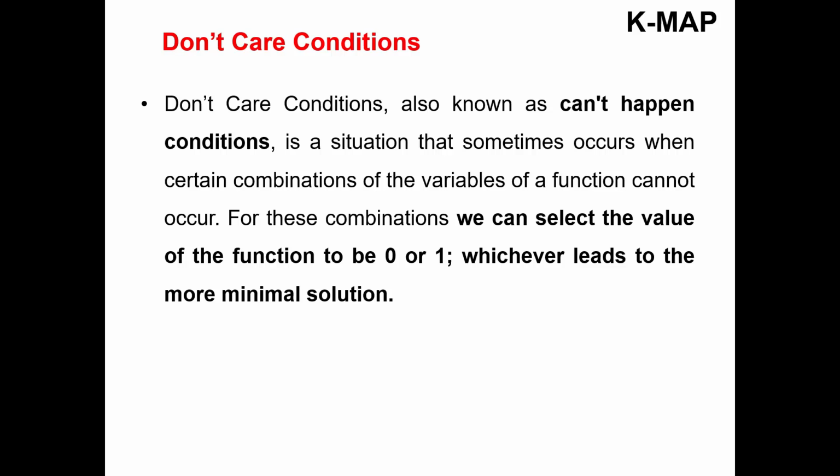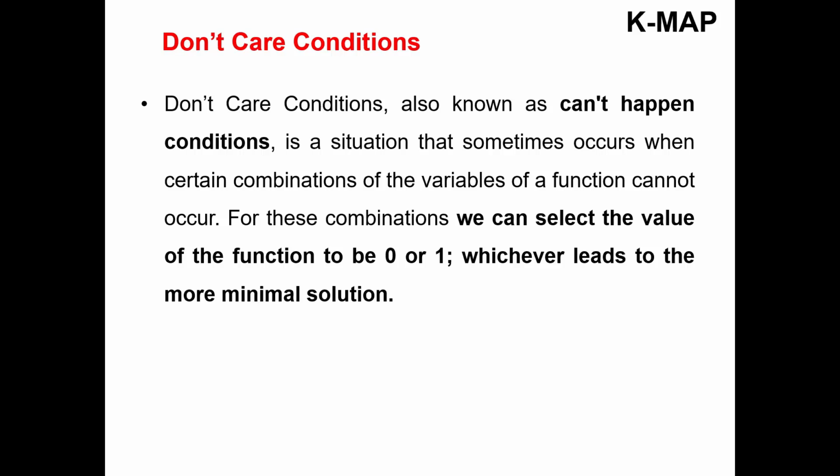Don't care conditions, also known as cannot happen conditions, are conditions which cannot happen. It is a situation that sometimes occurs when certain combinations of variables of a function cannot occur.